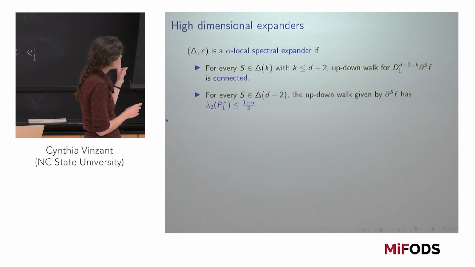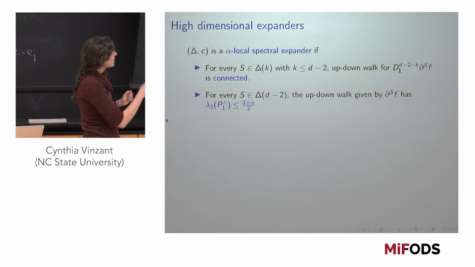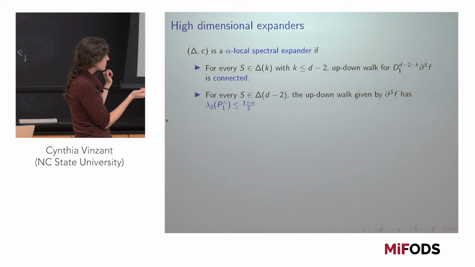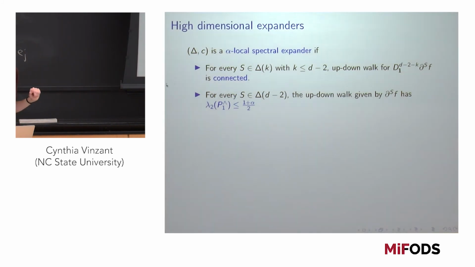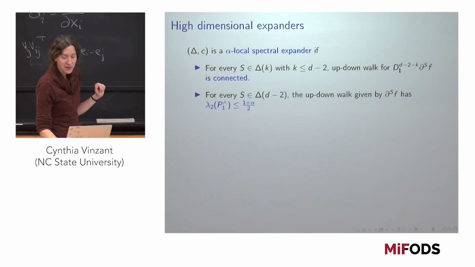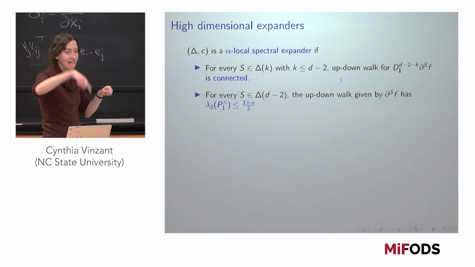So criterion 1 is that whenever you take a subset of your simplicial complex of size k, and you take the corresponding derivatives of f, which basically contracts by this subset S, and you take enough derivatives with respect to the all ones vector to get it down to a quadratic polynomial, that the corresponding up-down walk you get from this is connected.